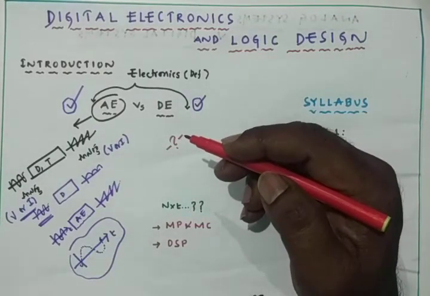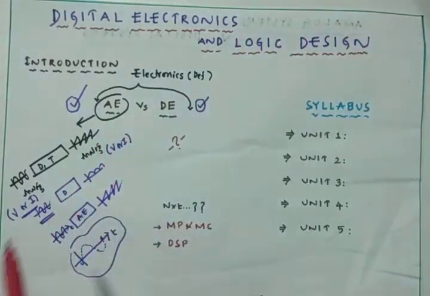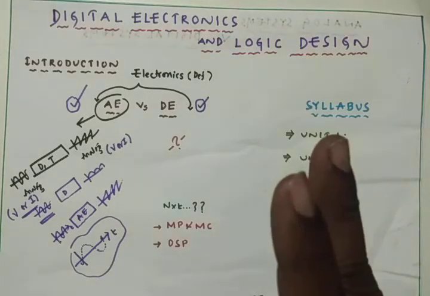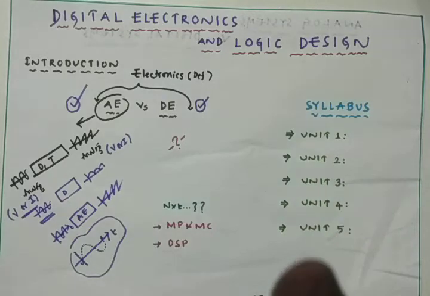The definition I am giving: a signal that may be voltage or current, which can have only two discrete values, is called a digital signal. We have a signal which has only two discrete values, then that signal is called a digital signal.